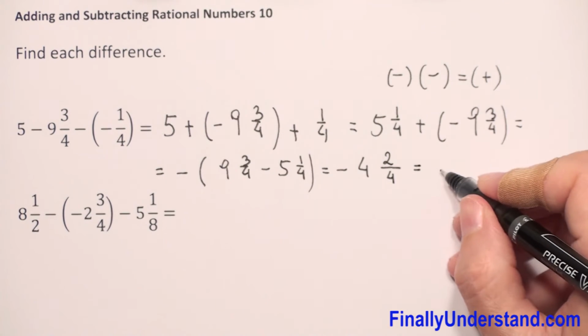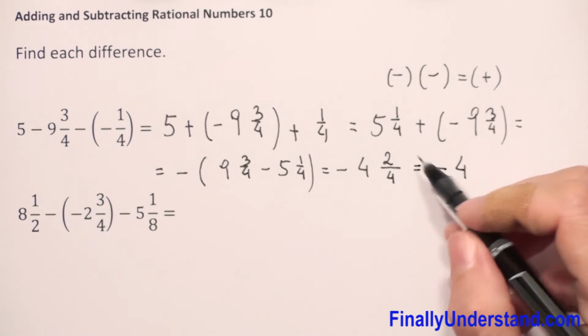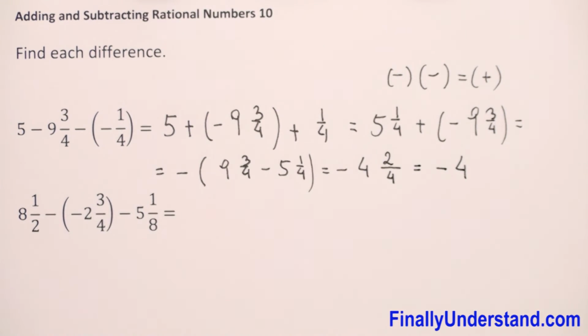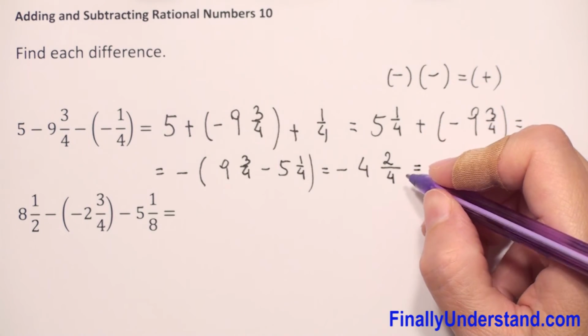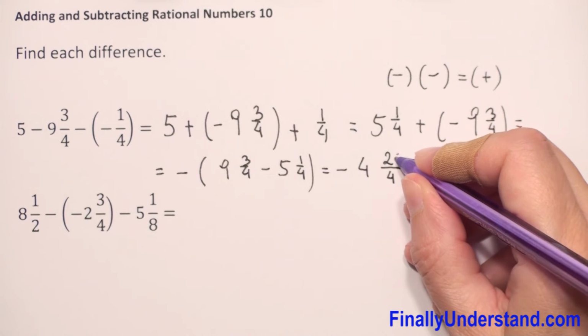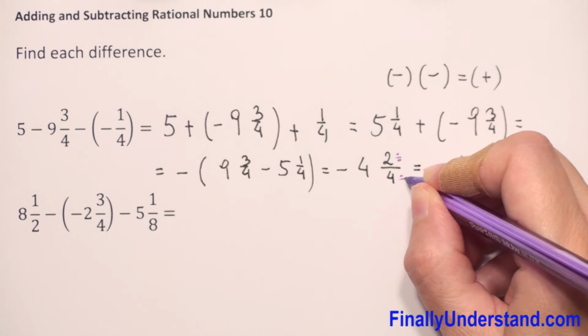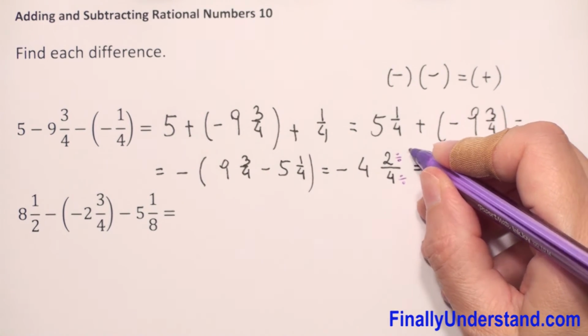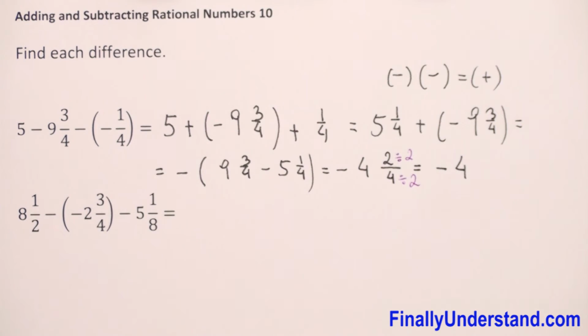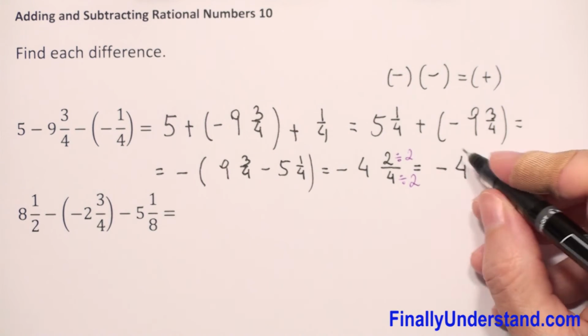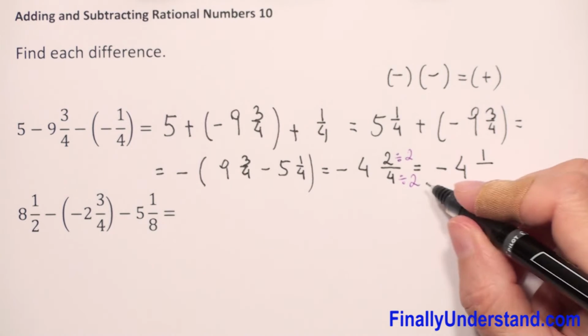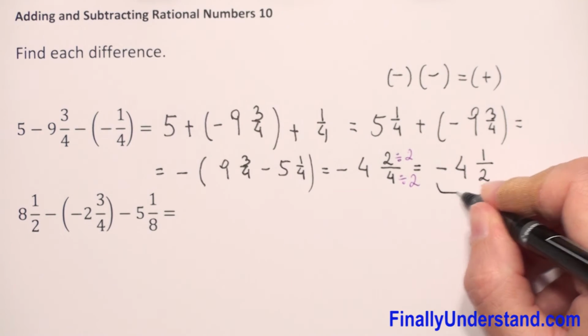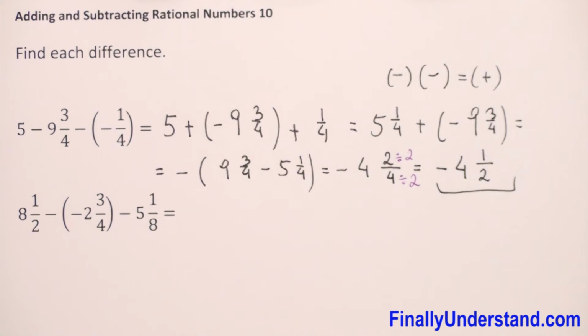So this is equal, negative sign we copy, 4 and 2 over 4, which we can reduce. Reducing means we have to divide the numerator and the denominator by the same number. We have 2 and 4, so we can reduce by 2. 2 divided by 2 is 1, 4 divided by 2 is 2. So we solved the first problem.